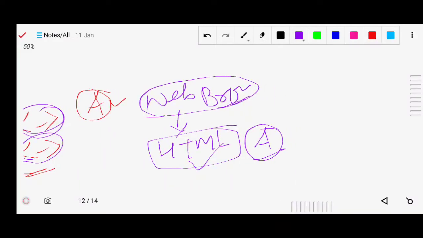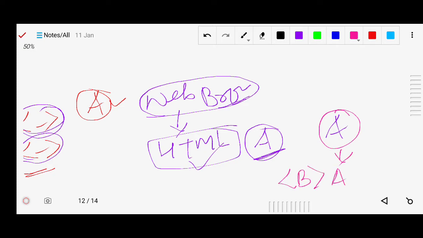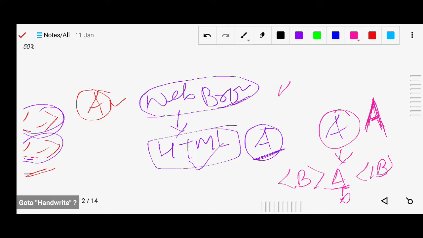So suppose you have written a simple A, then a simple A will be displayed there. But if I want to decorate it and write it in bold form, we have to use the bold tag. Now this bold will be closed, and this A will be displayed as a bold A. So by these tags, whatever text or sentences are there, we are able to display on the web browser.